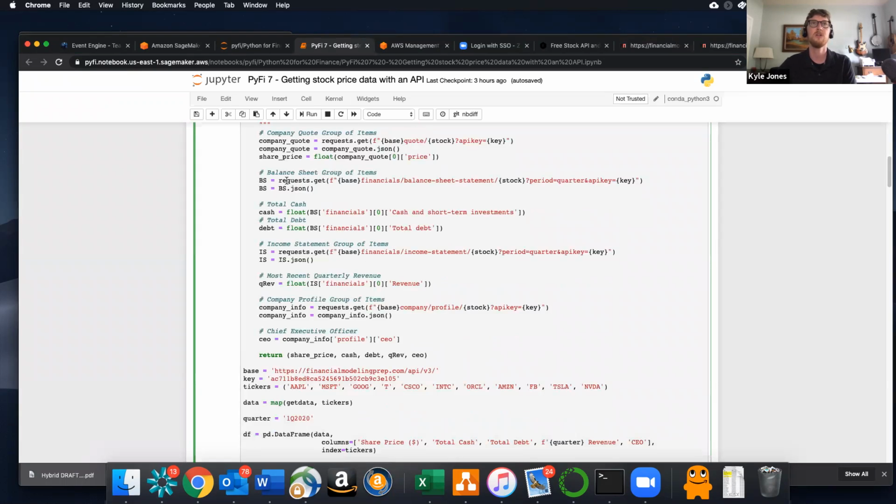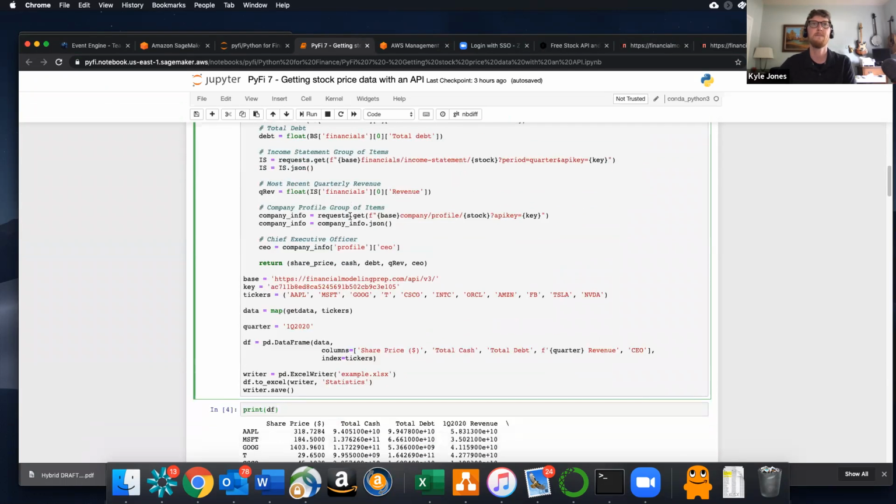So we're using that website to give us information like the quarterly earnings, the balance statement information. And then we've created a list of each of these different items. So the share price, the list of the share prices for each of these tickers, cash, debt, quarterly revenue, and the CEO.